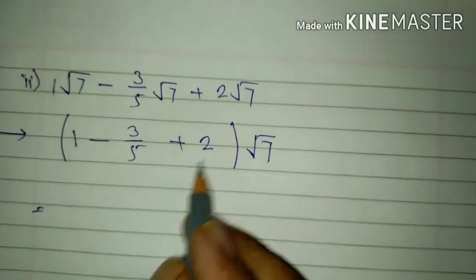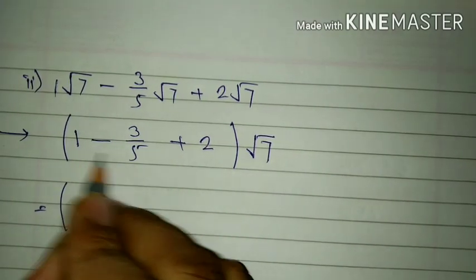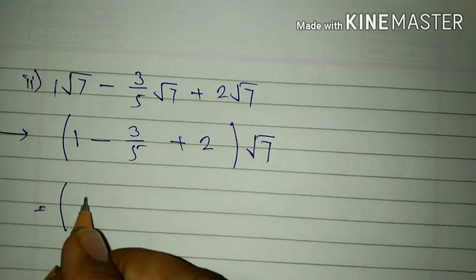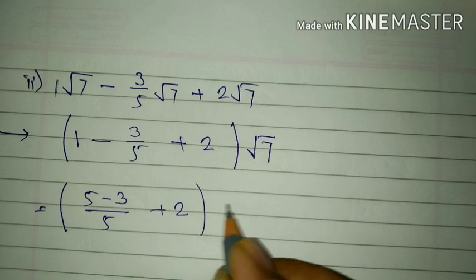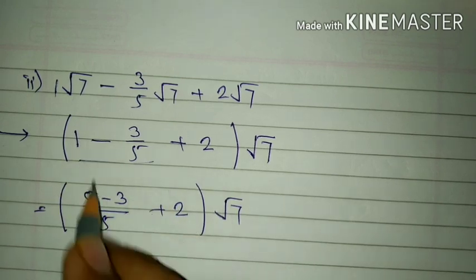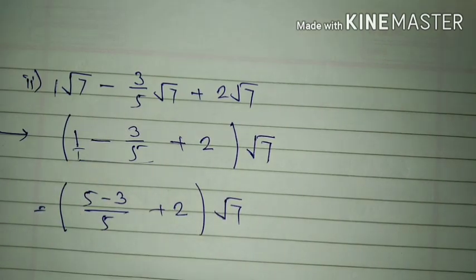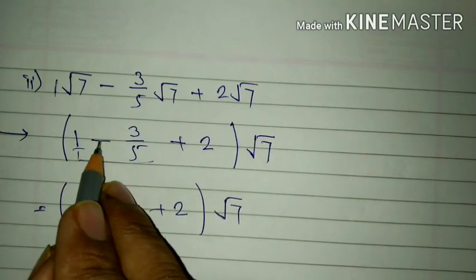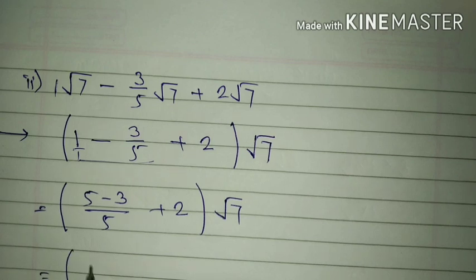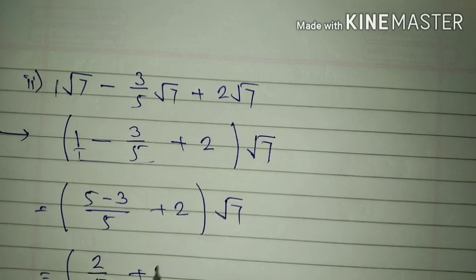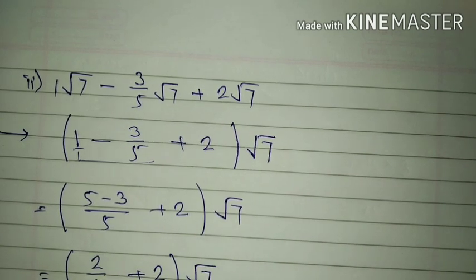So is equal to, let us add and subtract. Let us solve this. So that can be written as 5 minus 3 upon 5 plus 2 root 7. We only solved this by cross multiplication, 5 ones are 5, 3 ones are 3, minus sign, and 5 ones are 5. So is equal to 2 root 5 plus 2 root 7.